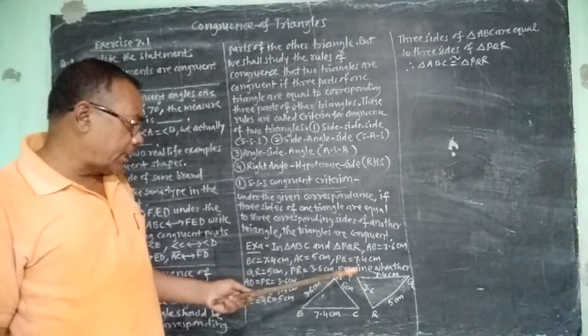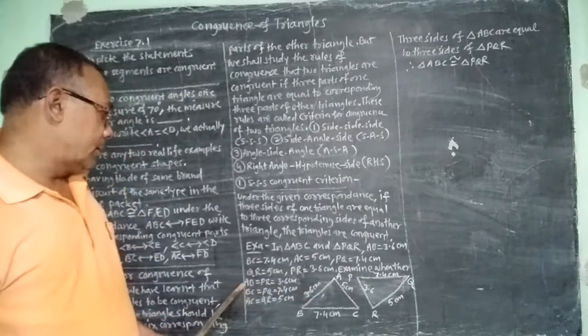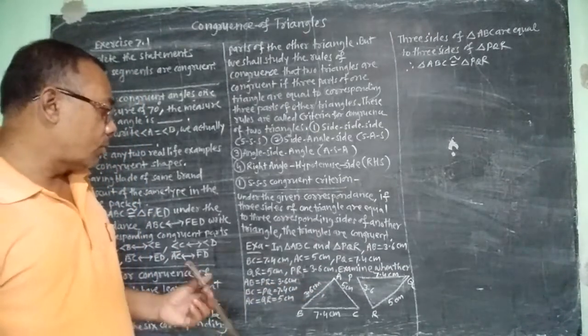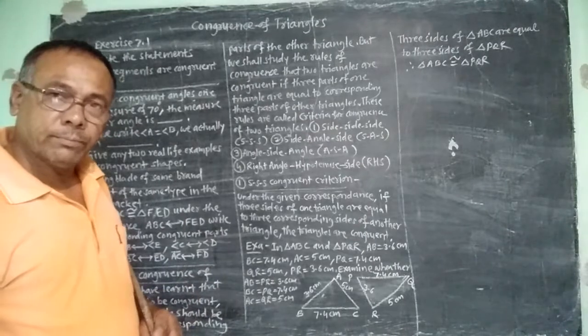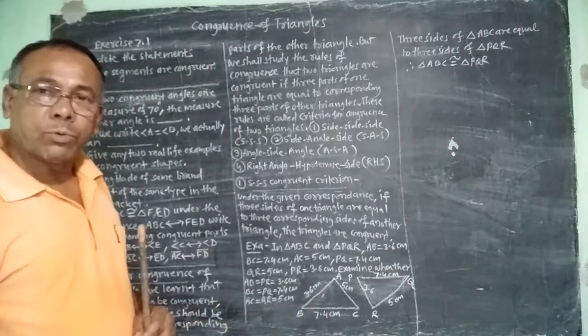Then the question is to examine whether the two triangles are congruent or not. Means triangle ABC and triangle PQR are congruent.